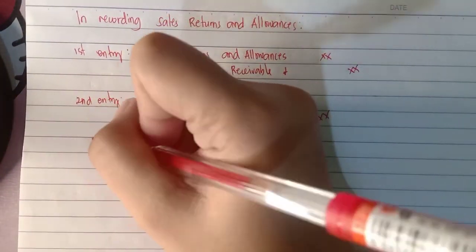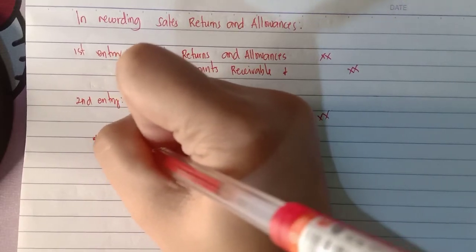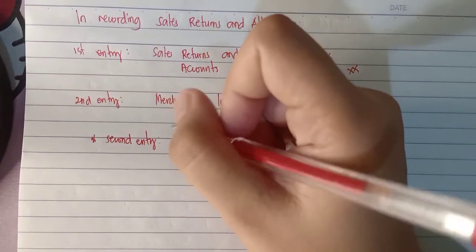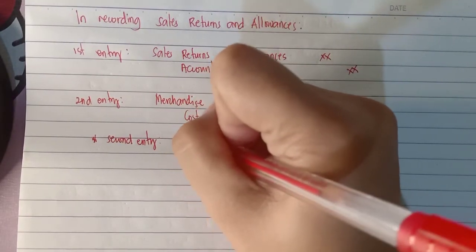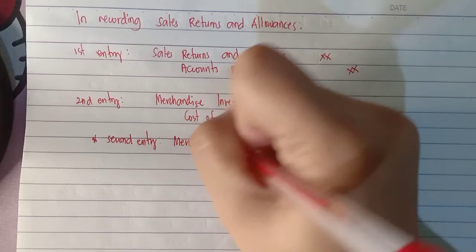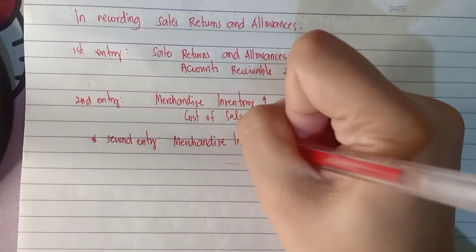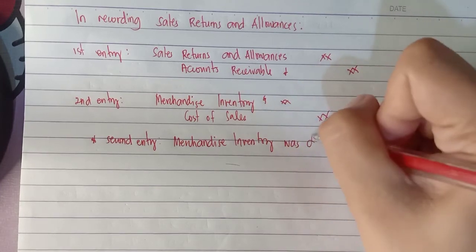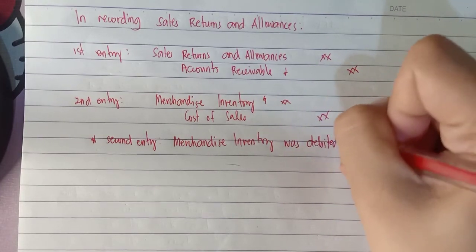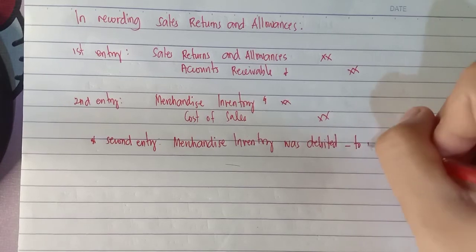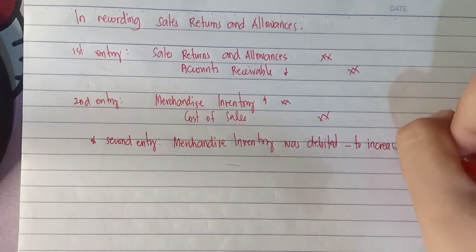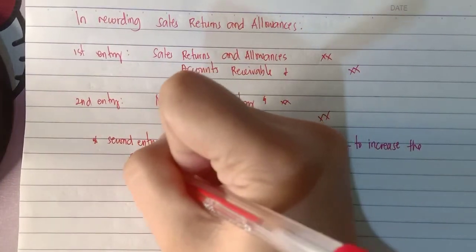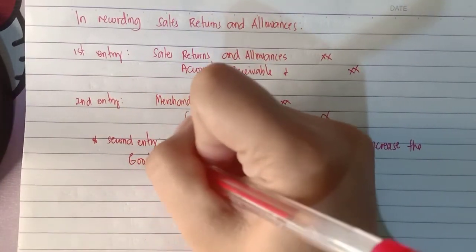So, in the second entry, merchandise inventory was debited. Bakit? To increase the goods available for sale.